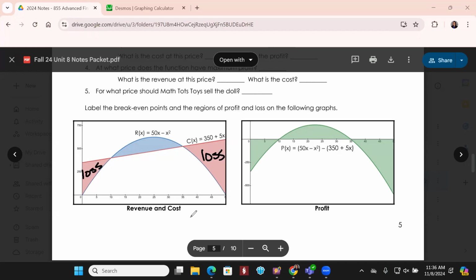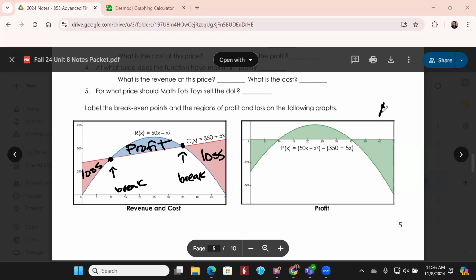That's no bueno. We lose money. If your revenue is bigger than your cost, that is what we're going to call profits. Then where they cross over, that is your break even. That means that your cost and your revenue become equal.